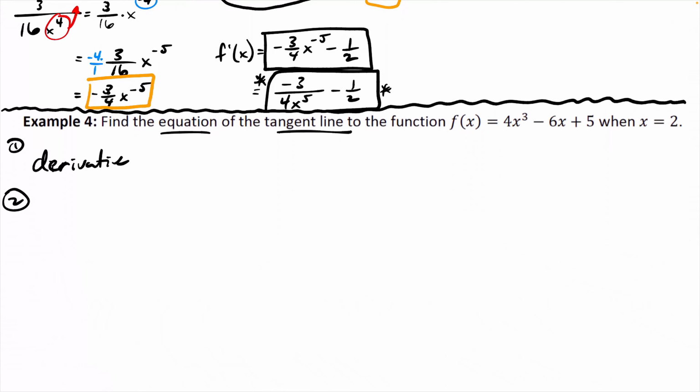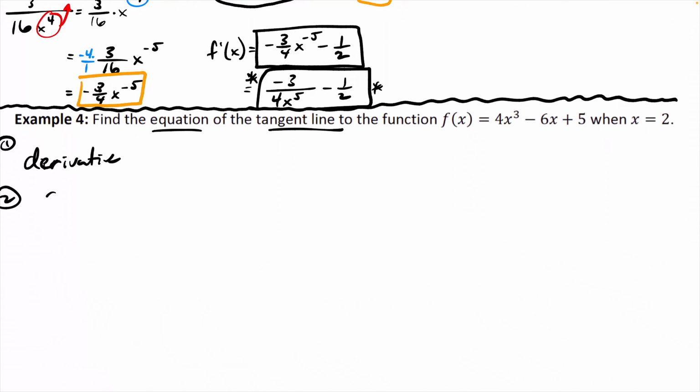What else do we need? Slope. We need a slope. And then what's the last thing that we need? Starts with a P. Point. Right? Could we use a y-intercept? Yeah, but you're making your life a lot harder because they already gave us half of a point. Okay?